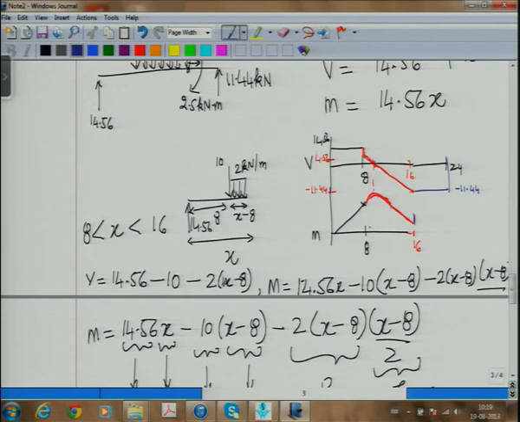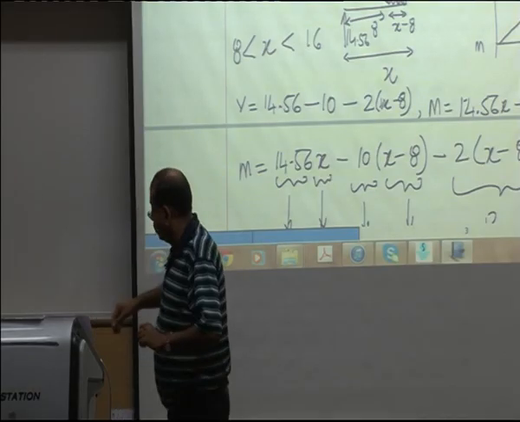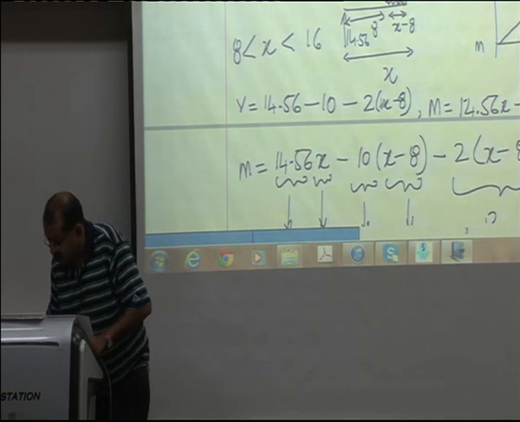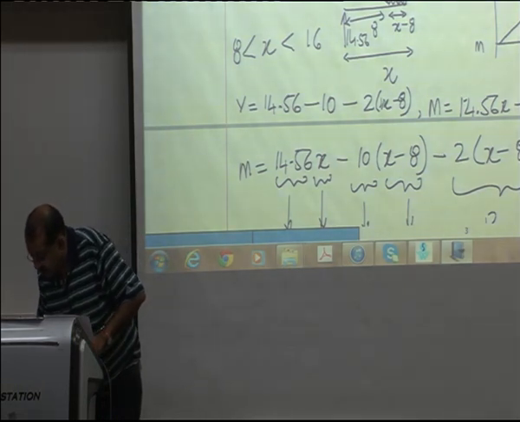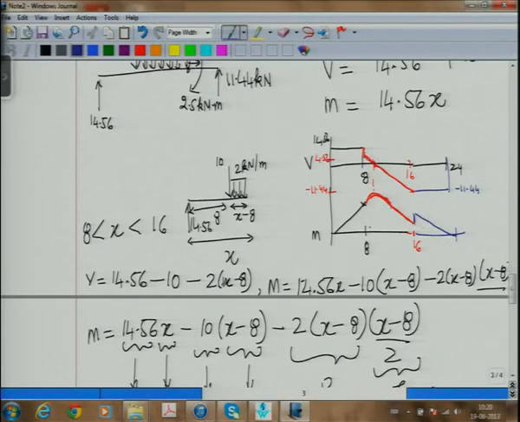It will no longer be a quadratic curve. So from this point, first you create a jump and then it will be a straight line going up to 0. So this is a straight line, and this red portion is quadratic.